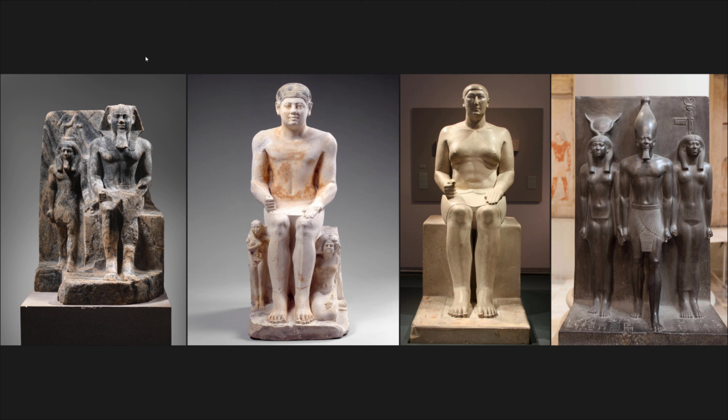Well, they weren't called academies, but they were special places where the sculptors would be taught how to produce sculptures. But because the sculptures had a specific way of being, there was a specific way that the sculpture needed to look. They needed to follow specific rules, specific guides.